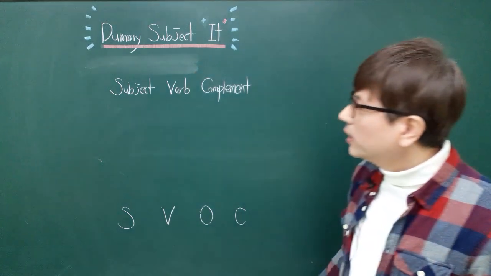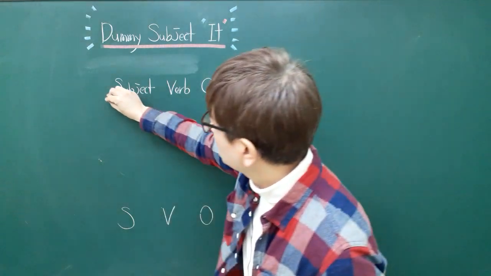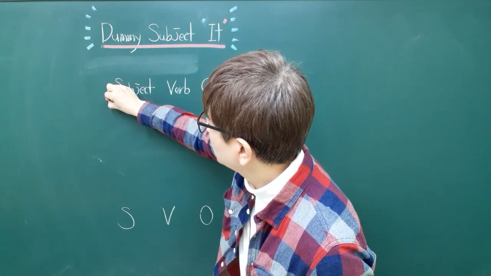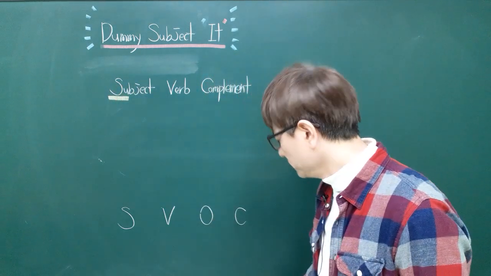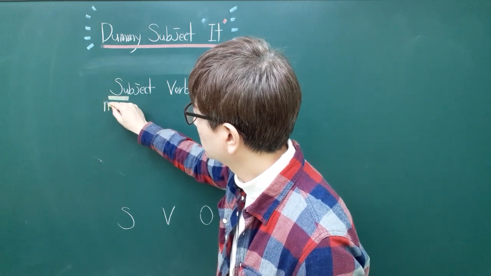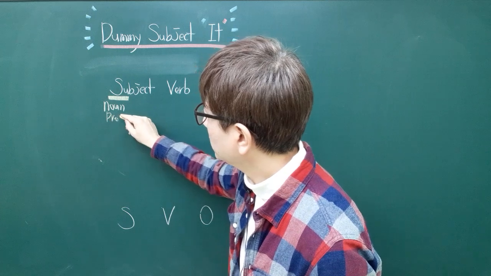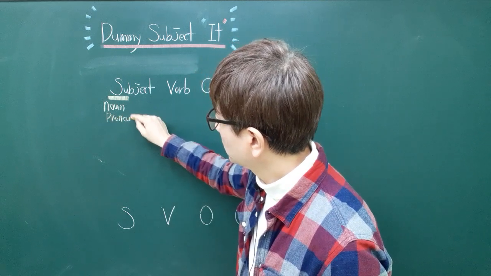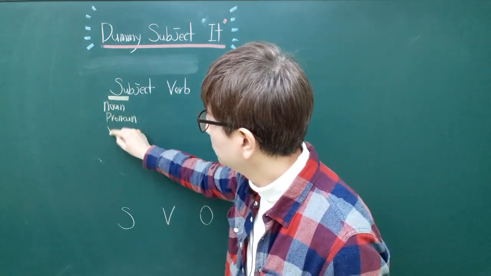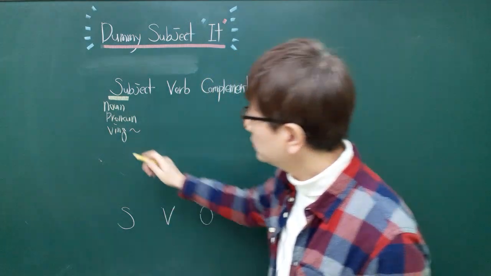So what part of speech do you think you can put in the place of the subject? A noun can be the subject, and a pronoun can be the subject as well. A verb-ing, gerund, can be the subject as well.